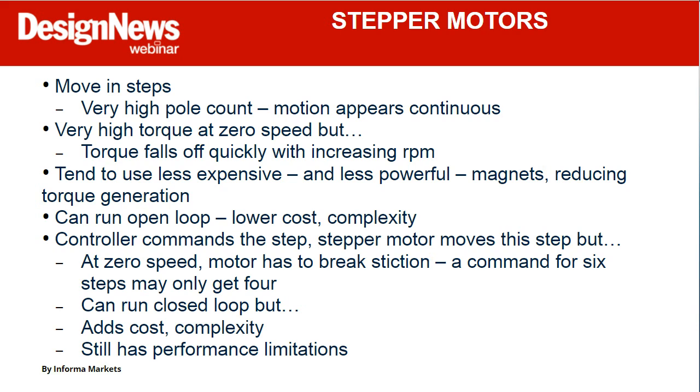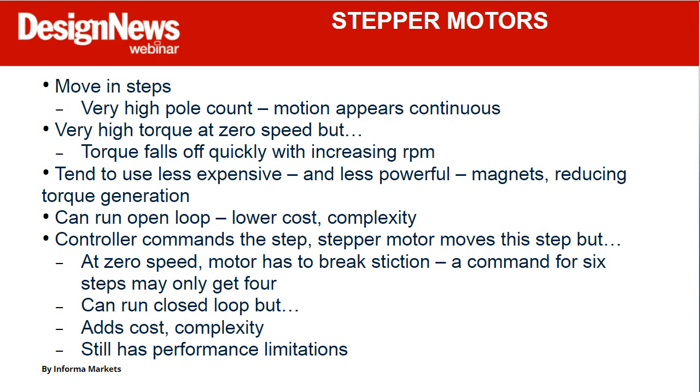A stepper motor is a very high pole count motor, moves in steps, but because you've got so many poles, it appears to be continuous motion. It has very high torque at 0 speed, but the issue is your torque falls off a cliff with increasing speed.